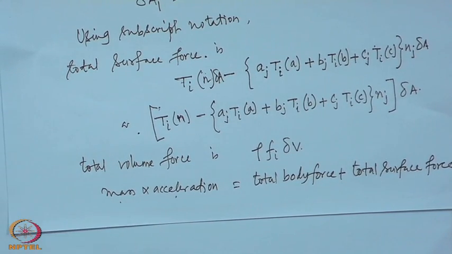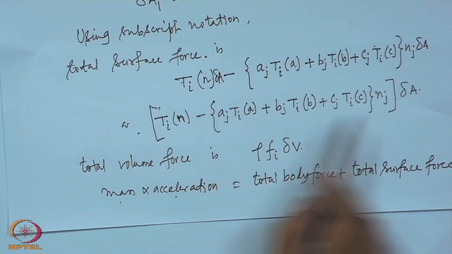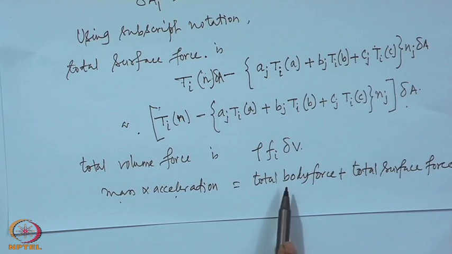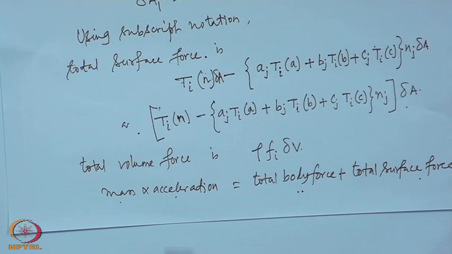This left hand side is proportional to delta v, the first term on the right hand side is proportional to delta v, the second term on the right hand side is proportional to delta A. Now, think of this element being made smaller and smaller in such a way that its shape and orientation remain the same.